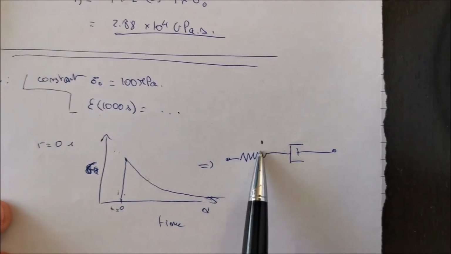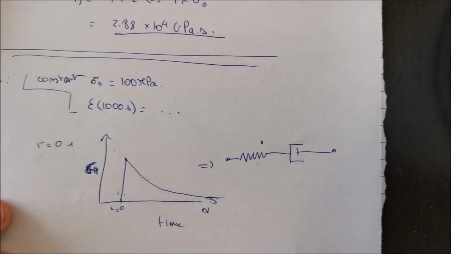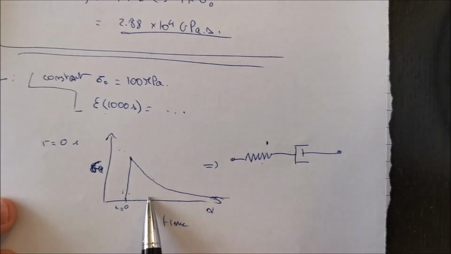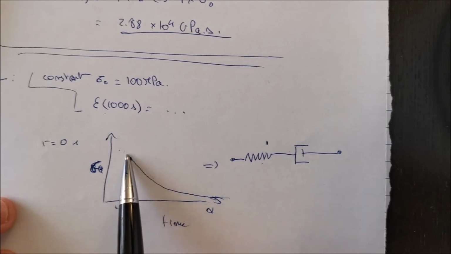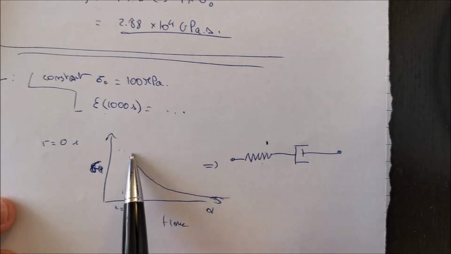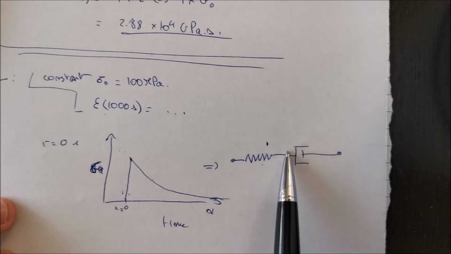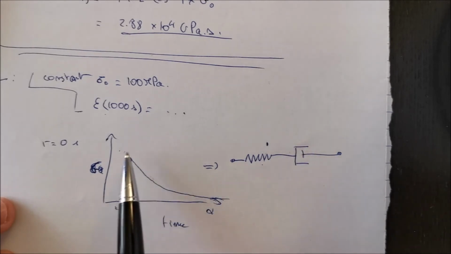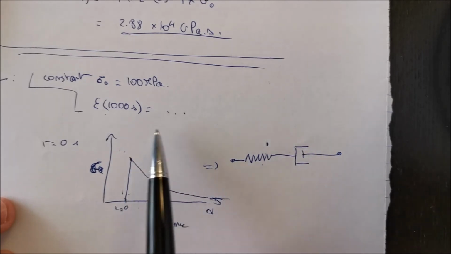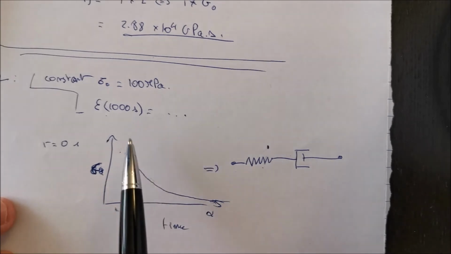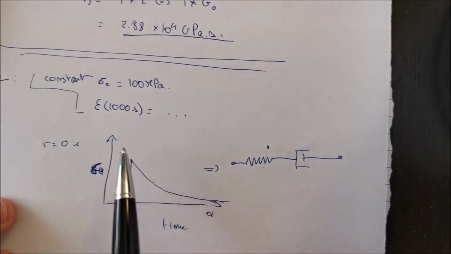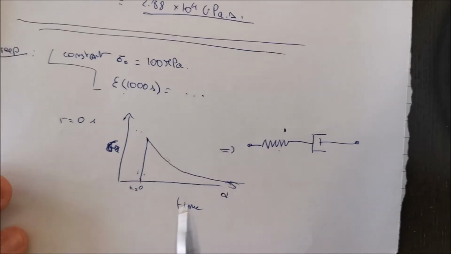The spring gives you an instantaneous response, which is why you have this instantaneous increase in the modulus as you apply some strain. And then you will have the dashpot slowly kicking in, and as time passes, the modulus is slowly going to decrease until reaching 0.